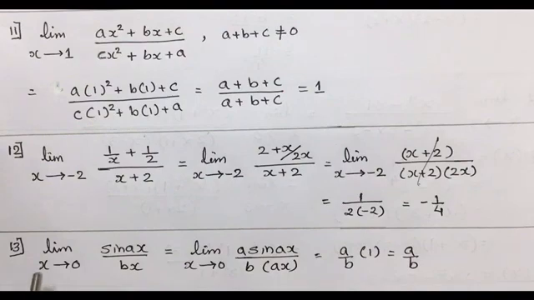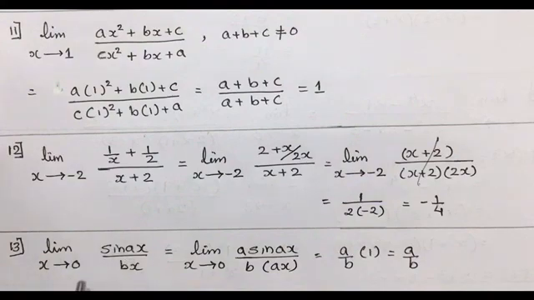13th example, given is limit x tends to 0, sin ax upon bx. Now the standard limit used over here will be the formula limit x tends to 0, sin x upon x is equal to 1.